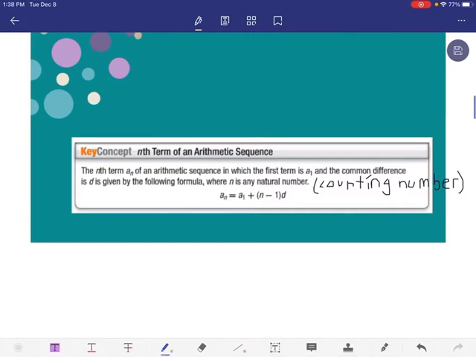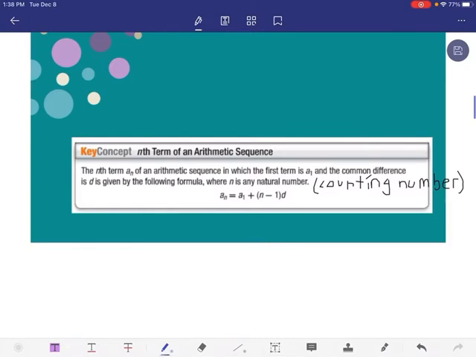So if I was wanting to find the 12th term, I would have a sub 12. If I was wanting to find the 15th term, I would have a sub 15 equals whatever your first term is plus n, which is whatever term you're trying to find, so 12, 15, whatever it is, times d. Now, your common difference is going to be that constant that we were talking about, which seems a little backwards because technically we're adding something to each term.